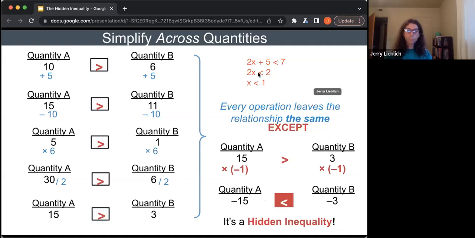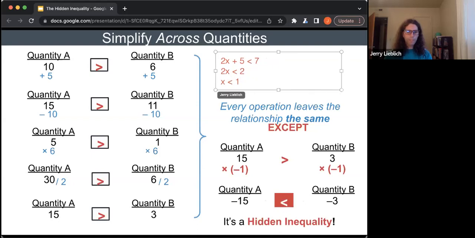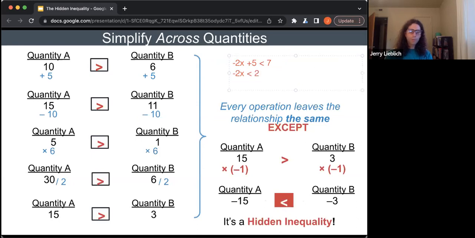And this is a rule from inequalities. If I've got negative 2x plus 5 is less than 7, and I subtract 5 from both sides, and I divide both sides by negative 2, the sign is going to flip. This is true of any inequality.